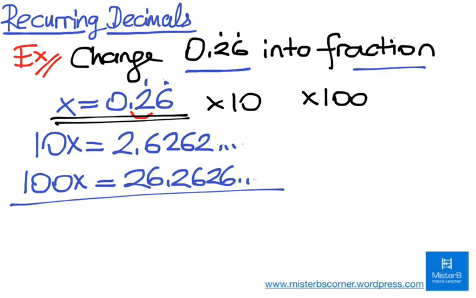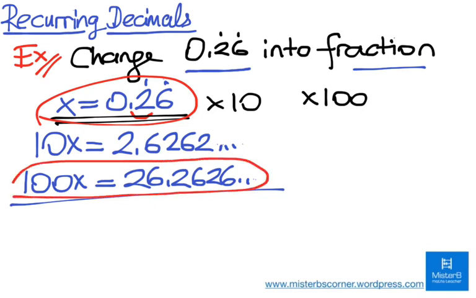Now, the idea is as follows. I want to get rid of this recurring decimal part. So if I consider x equals 0.26 recurring and 100x, which is 26.2626, so it goes like that, it's recurring, you can see the decimal part is the same.